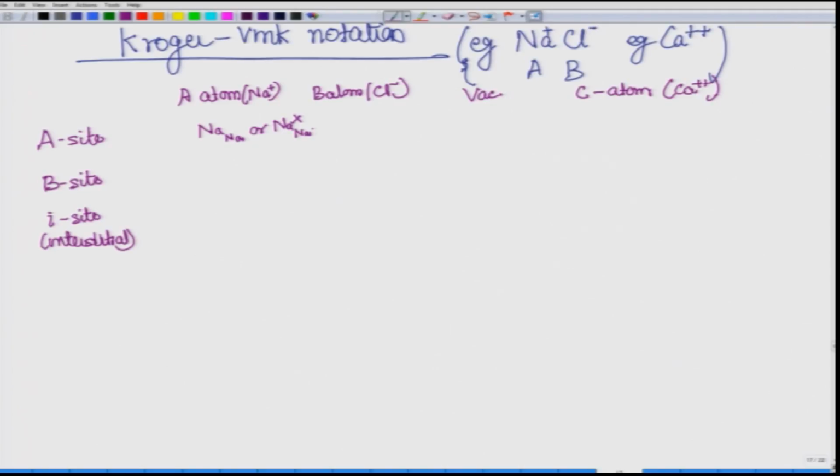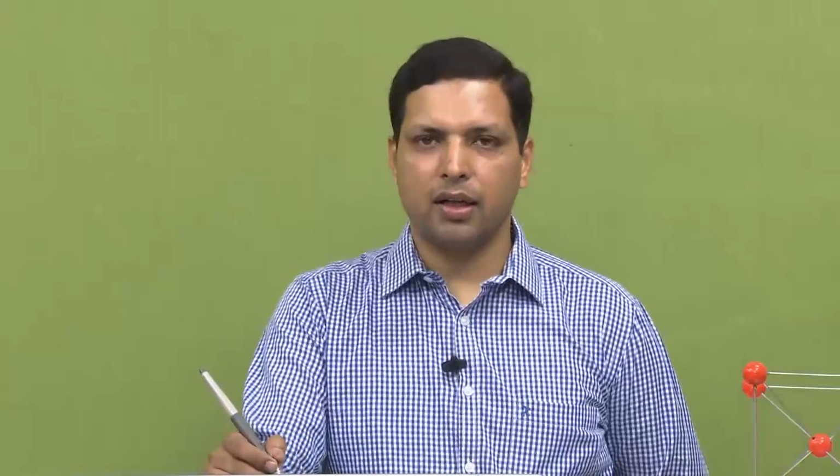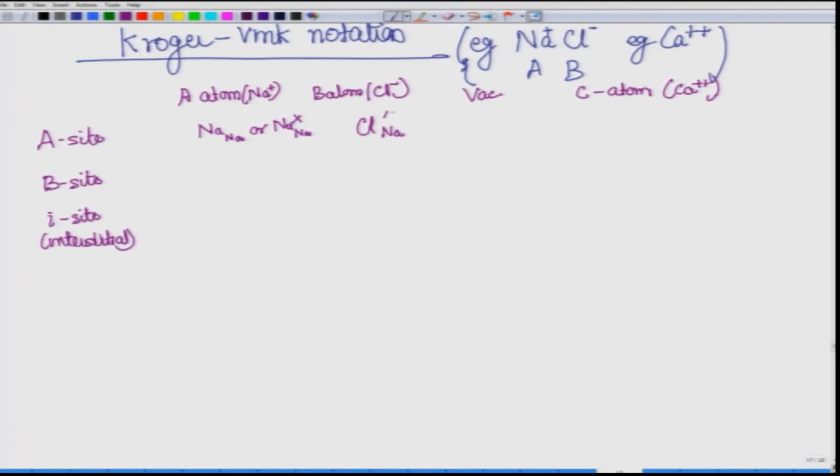Now, let us put a Cl atom at the Na site. Where there should have been a +1 charge, now a chlorine minus atom is sitting with its minus charge, which means it is 2 less than what it should be, and therefore it will be represented as 2 minus, and the way to represent it is with 2 dashes, meaning it has 2 fewer positive charges than what it should have.